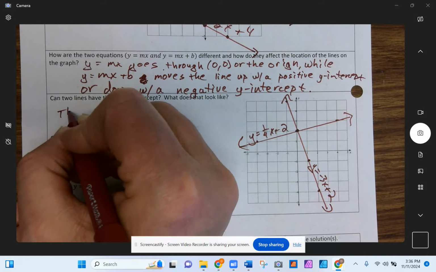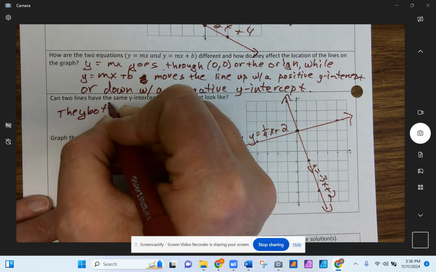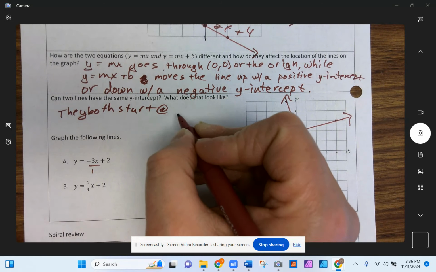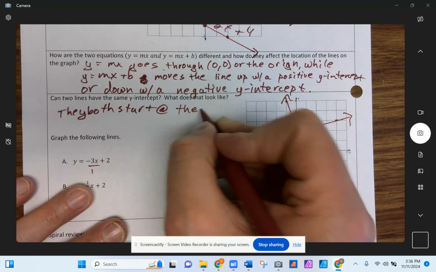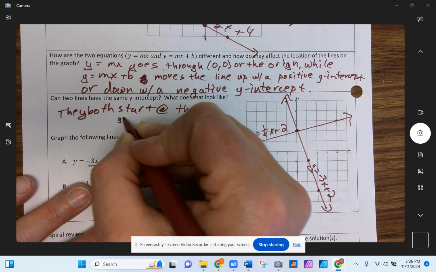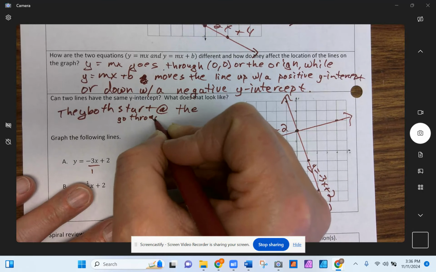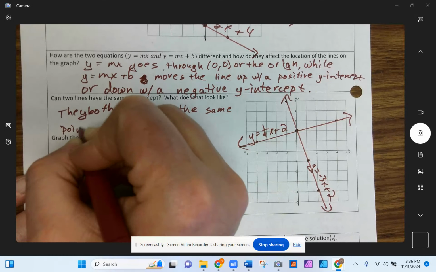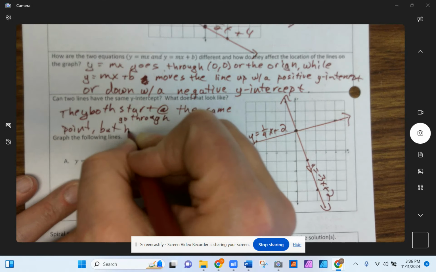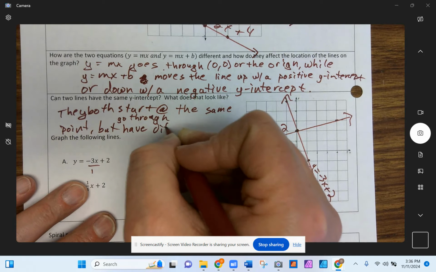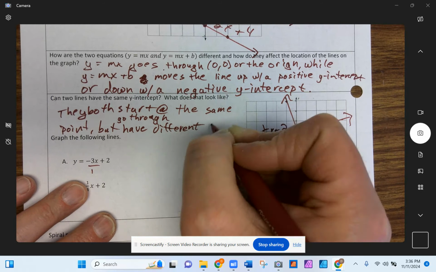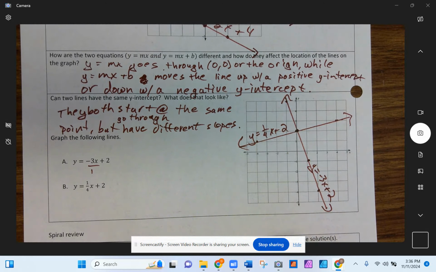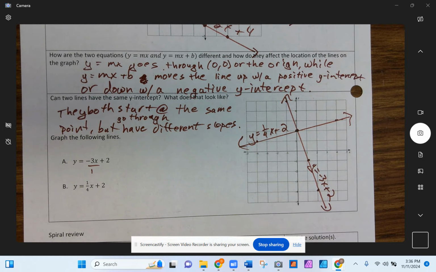Well, they both start at the same point, or they both go through is also another way to say it, the same point, but have different slopes. Okay, all right. Yeah, I don't know, hopefully that makes sense.